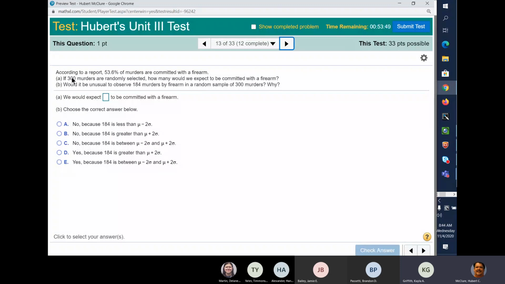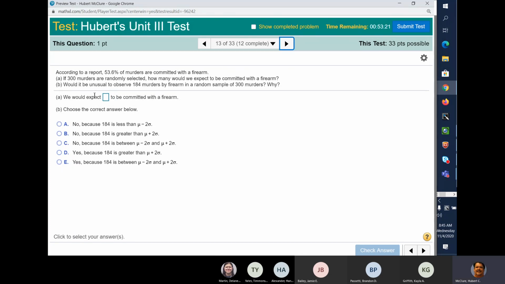According to a report, 53.6% of murders are committed with a firearm. So that means that 46.4% is committed with knives, forks, spoons, slingshots, cars.